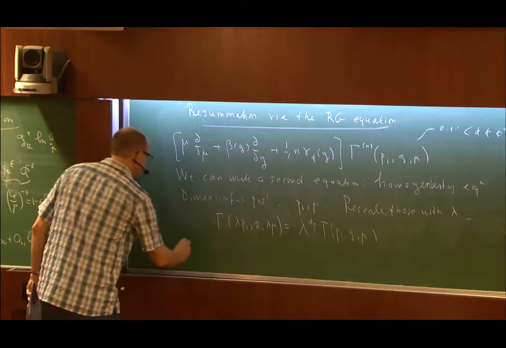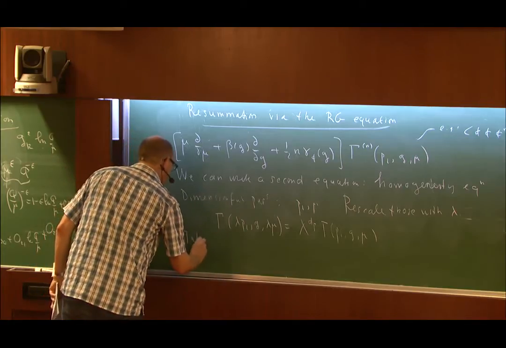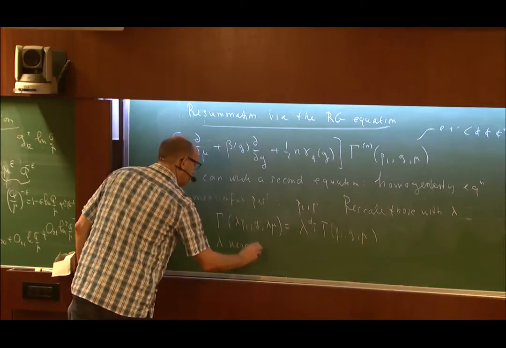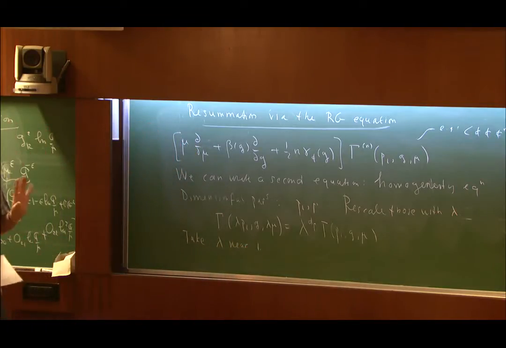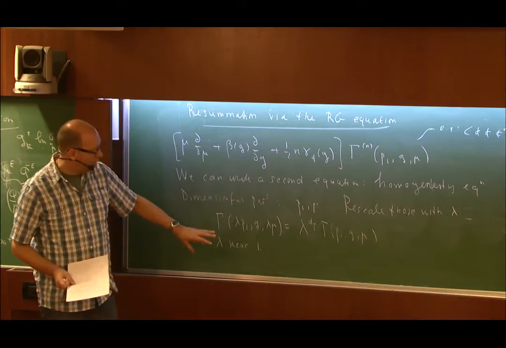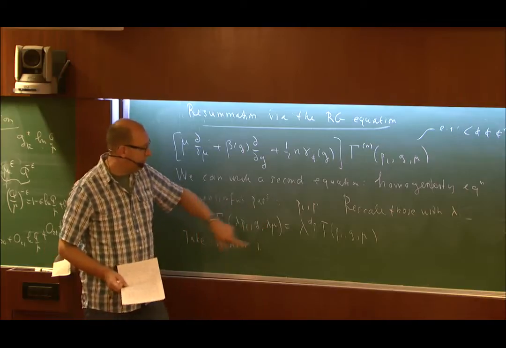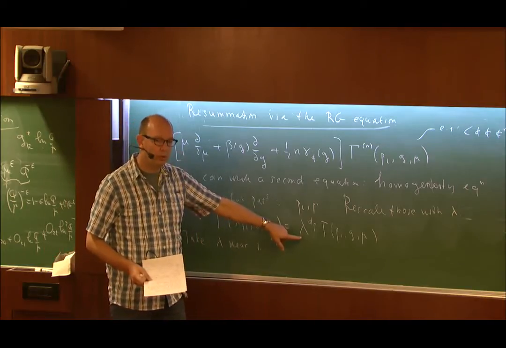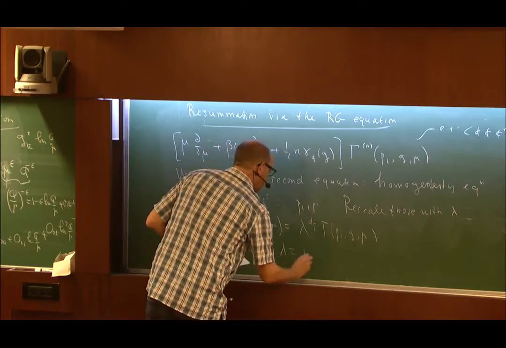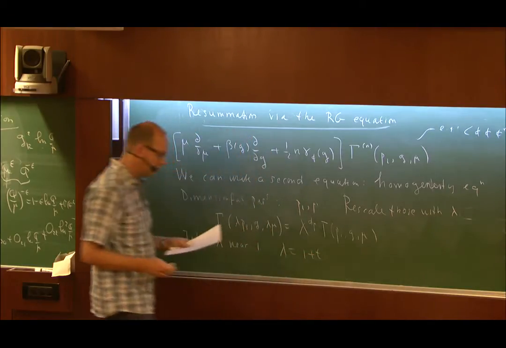Now what you can do is take lambda near 1. So do just a little bit of scaling, almost imperceptibly much. So I'll do that here. This will also be a number very close to 1. So I'll take lambda to be 1 plus, say, t. t will be very small.